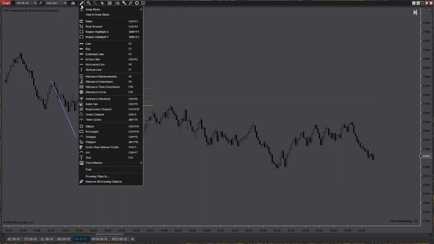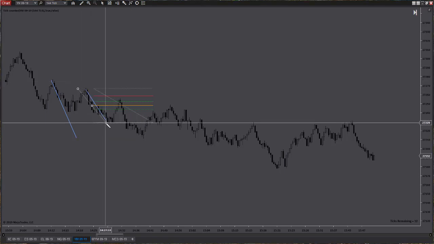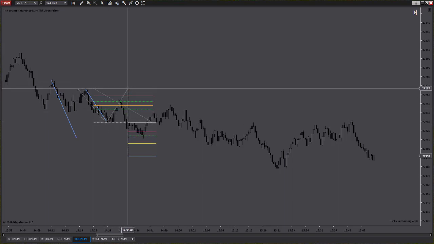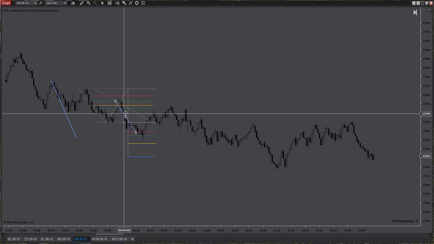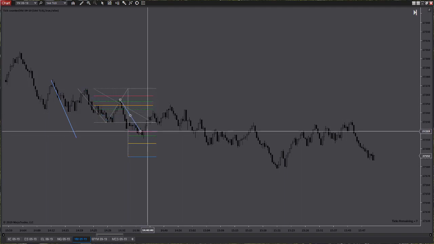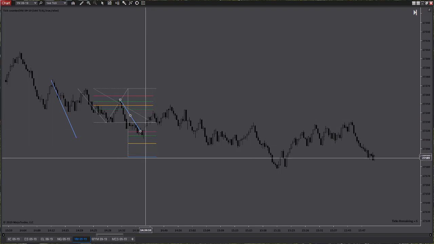Okay, ratio extensions, let's find the exhaustion point of that smaller, shorter term order flow. Okay, let's do that right here. Surprise, surprise. Okay, projection. Again, you see how you can use this very effectively and very efficiently. So now we have two situations here. Okay, two situations. Actually, we have three.